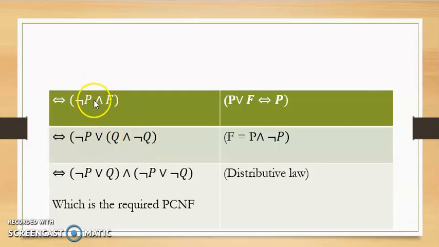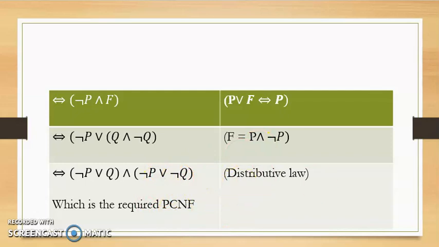So not P and F, that is we write F as Q and not Q. Now by using the distributive law, we can split this one: not P or Q and not P or not Q. So here we are getting the product, and here we are getting the max terms. It is a product of max terms, which is nothing but the PCNF formula.